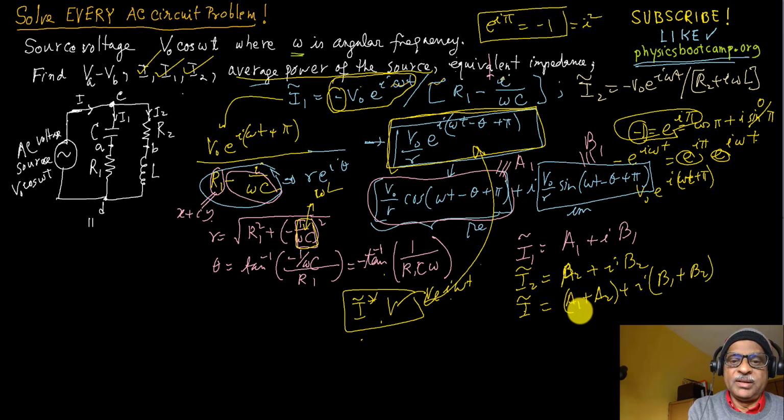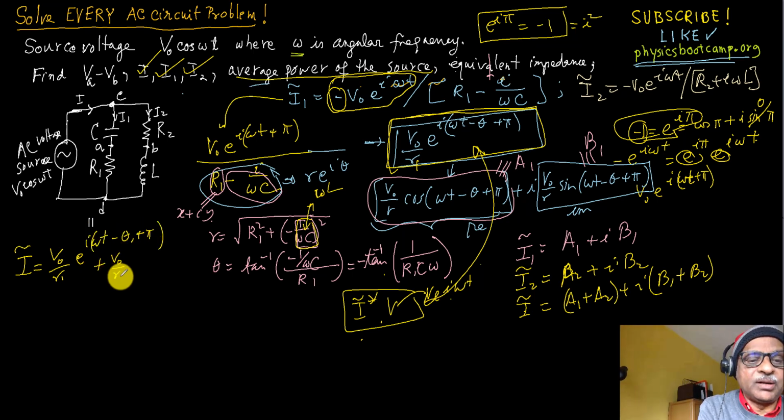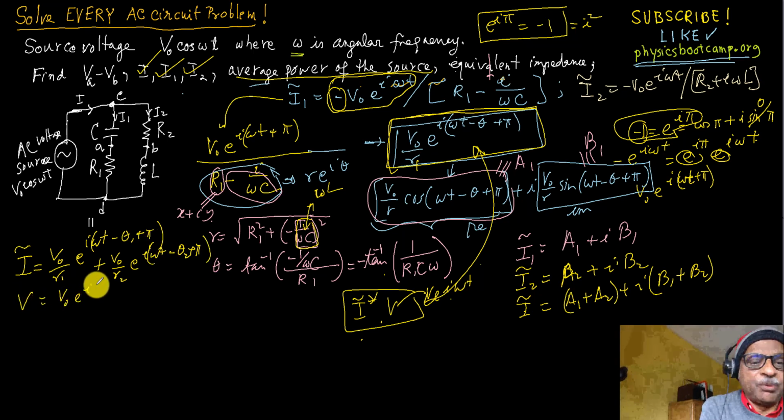So let me write that down for power. So you have I tilde will be V0 over R1 e to the power I omega t minus theta 1 plus pi, and the other one will be V0 over R2 e to the power I omega t minus theta 2 plus pi, and V will be V0 e to the power I omega t.